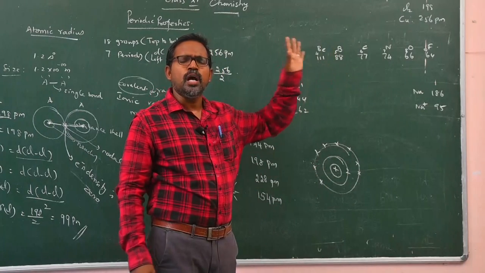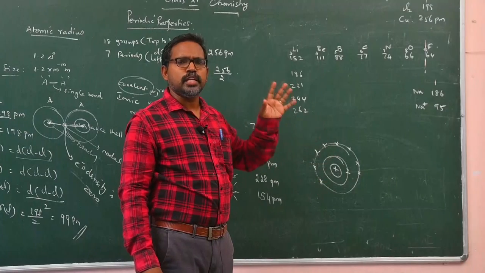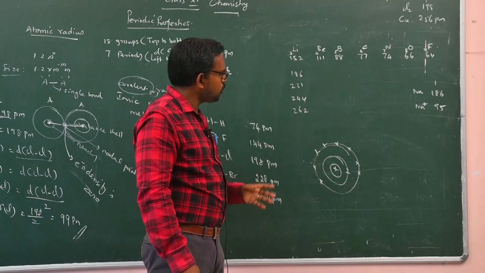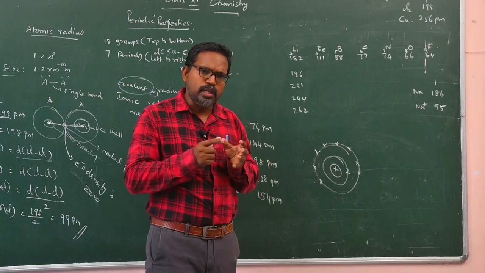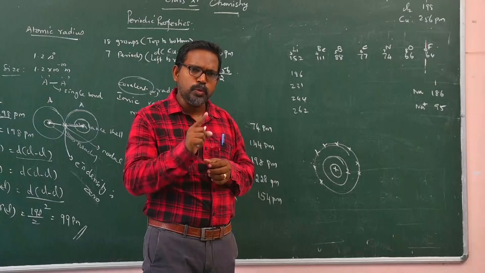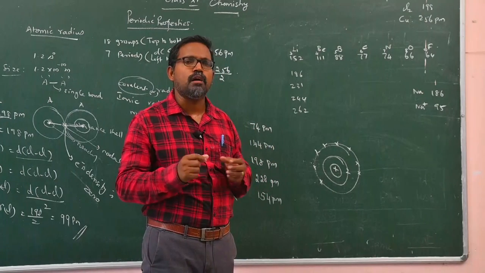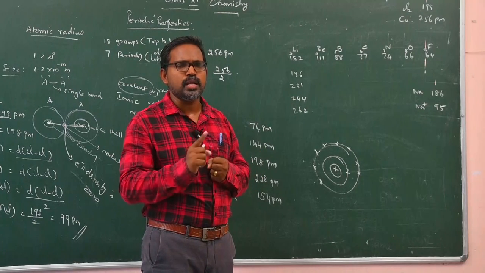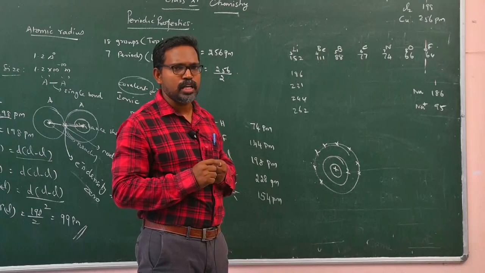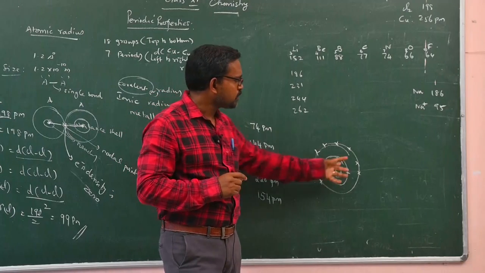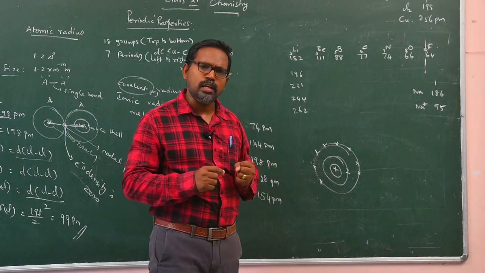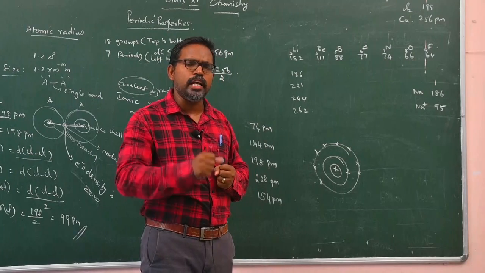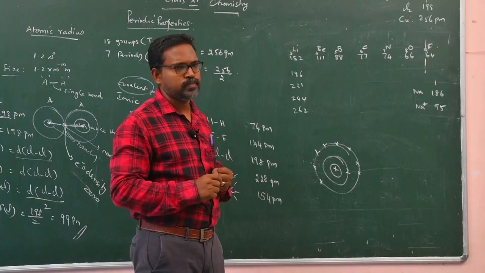Left to right, the electrons enter into the same main energy level, so the force of attraction between the nucleus and the valence shell electron increases. That means the valence shell electrons are tightly held by the nucleus.